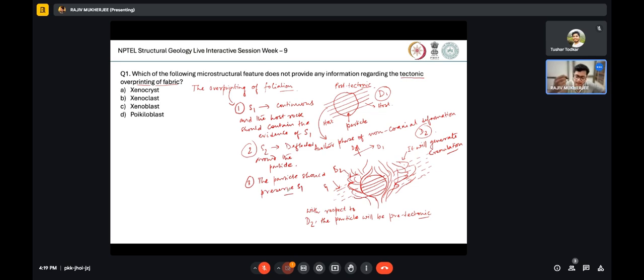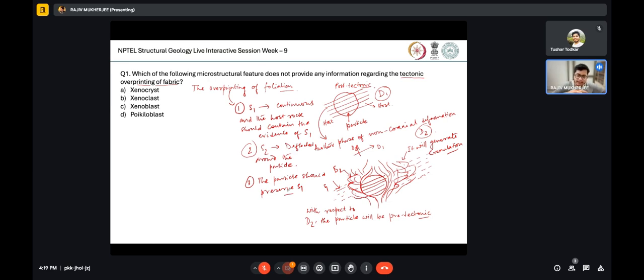The thing is that, okay, so there is an overprinting relation. Now the most important criterion is that the clast or the particle should preserve the initial foliations, right?